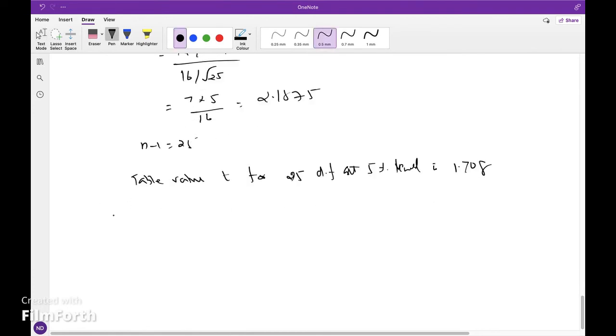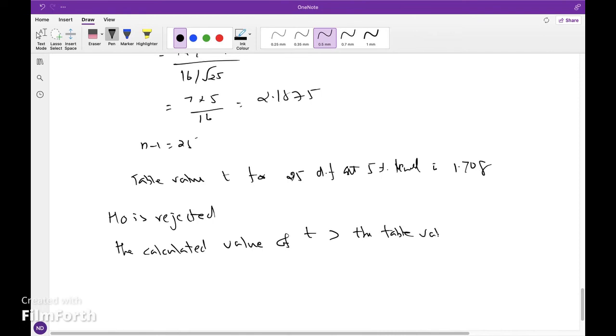Conclusion: H naught is rejected since the calculated value of t is greater than the table value of t.